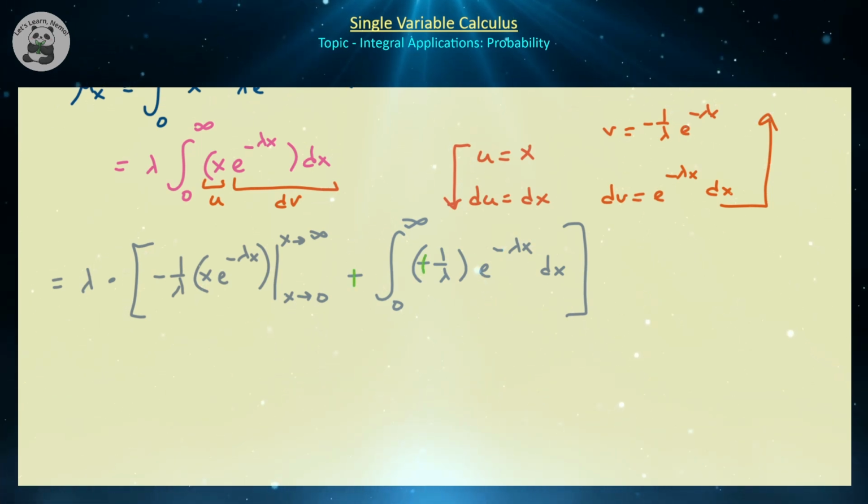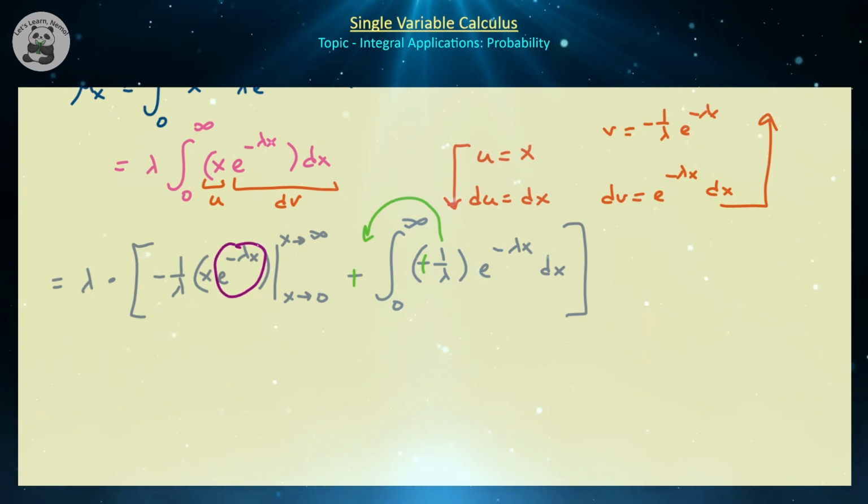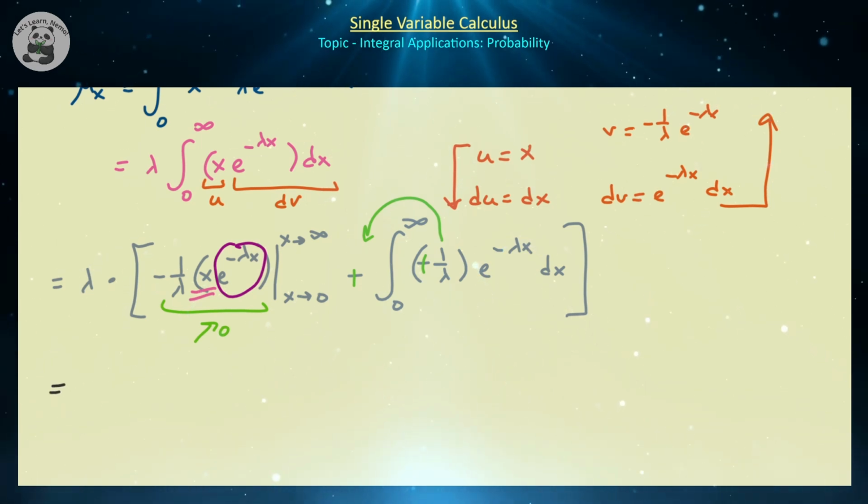Notice that those minus signs will make a plus, and that 1 over lambda can factor out. As x gets close to positive infinity, this term is going to go to 0. And as x gets close to 0, this term is going to get close to 0. So when we subtract 0 minus 0, this entire term is going to be 0. So we're just going to be left with lambda times 0 plus 1 over lambda.